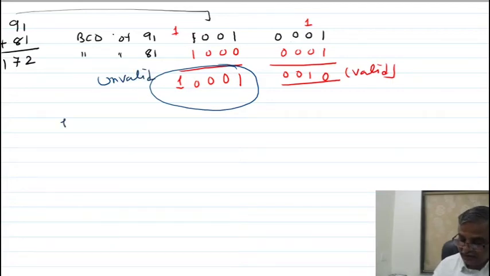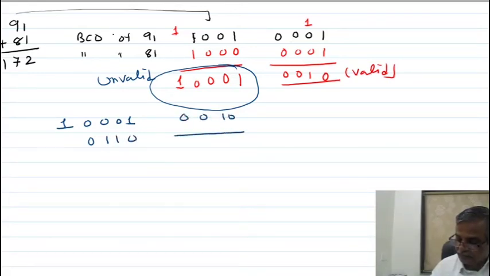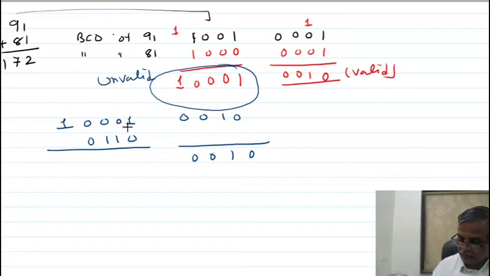So in the invalid one, I have to add 0 1 1 0 to get the correct answer.